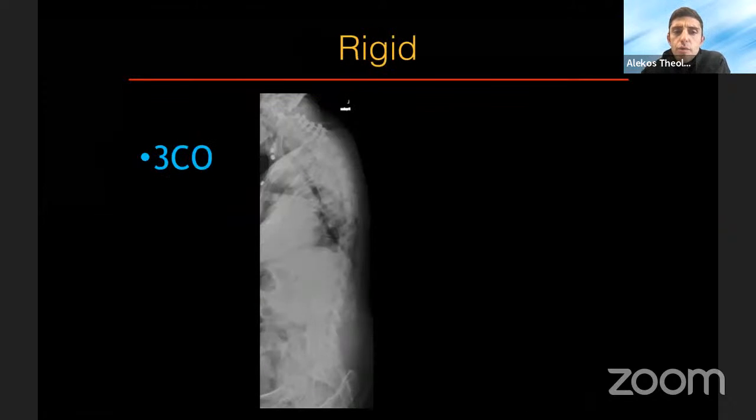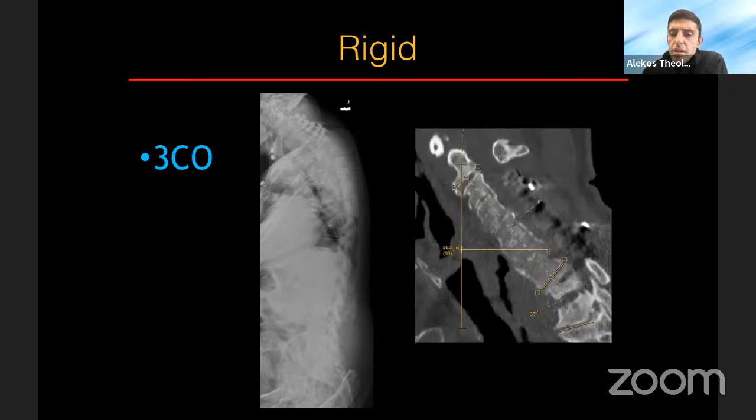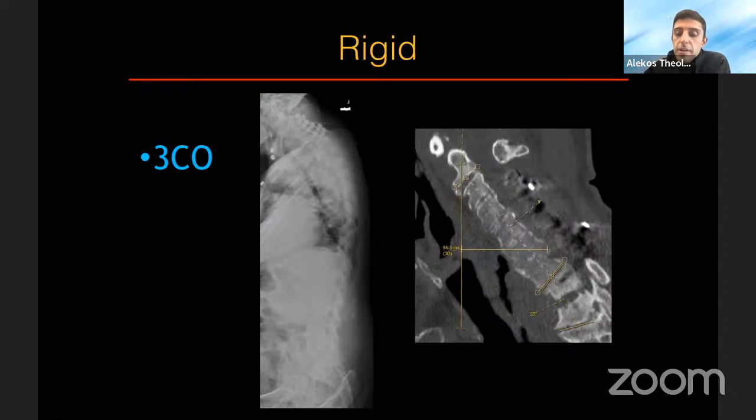If we get to the more rigid deformities, this is a patient who presented from an outside hospital with a nearly chin-on-chest deformity with a prior C3 down to T1 fusion. You can see this is kind of a combined deformity because it's flat through the subaxial spine. So she's got a high C2 tilt, but also has a high T1 slope as a result of a distal junctional fracture and infection.